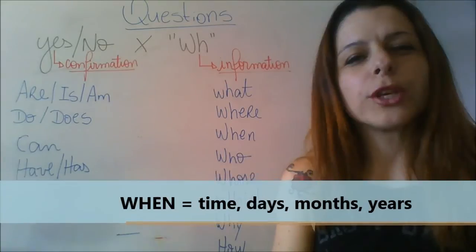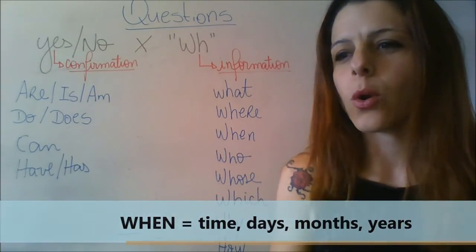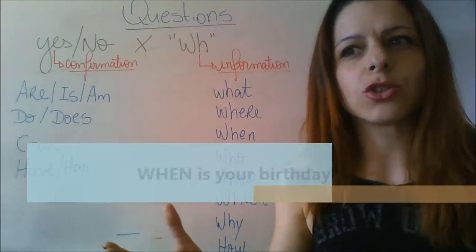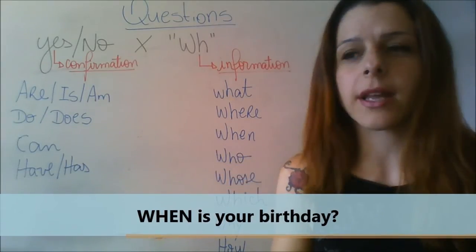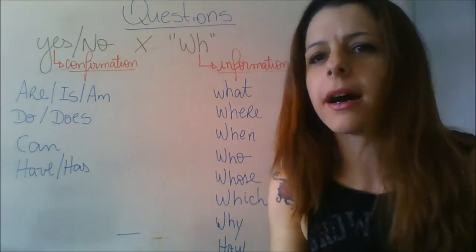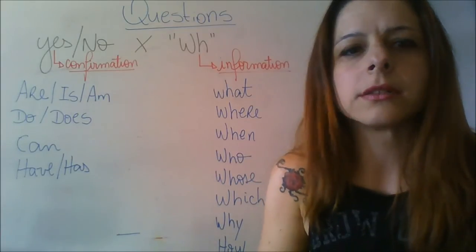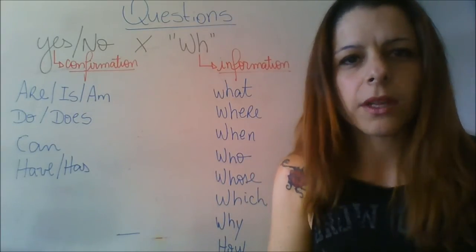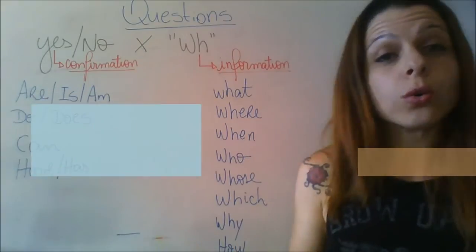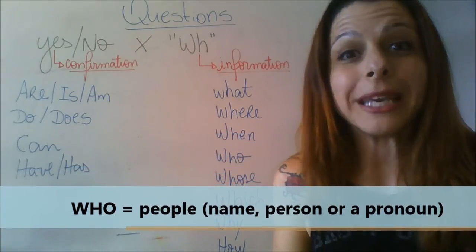When. We use when to talk about time. Okay, for example, when is your birthday? All right, so now you can answer like the day or the day and the month. All right, so for example, my birthday is on July 17th. Okay, who is the question for people.